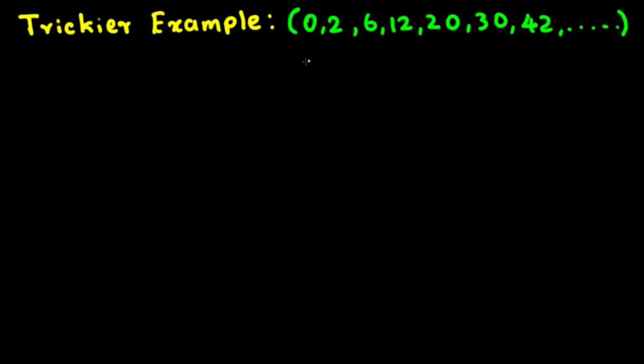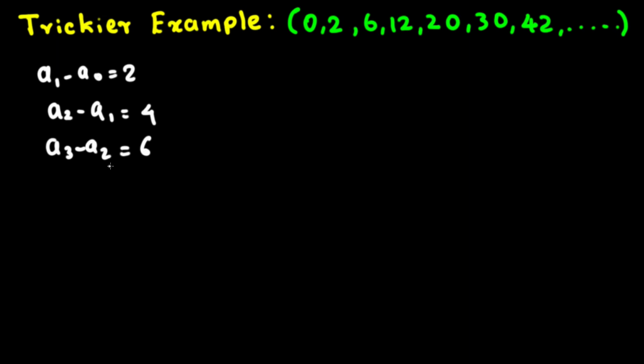Now let's see how to find a relation for this one. First of all, we can say a_1 minus a_0 is equal to 2, because 2 minus 0 is 2. And then a_2 minus a_1 is equal to 4. Then a_3 minus a_2 is equal to 6. And it keeps increasing by 2 until a_n minus a_(n-1) is equal to 2n.